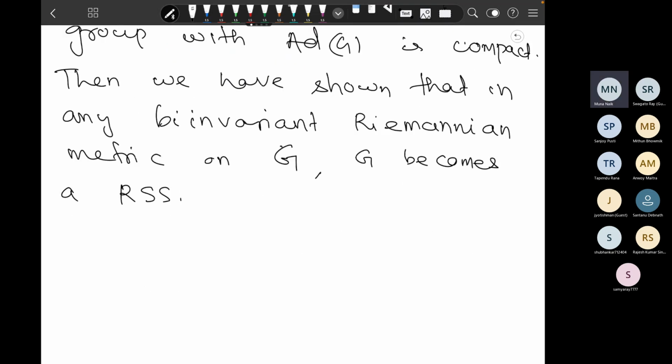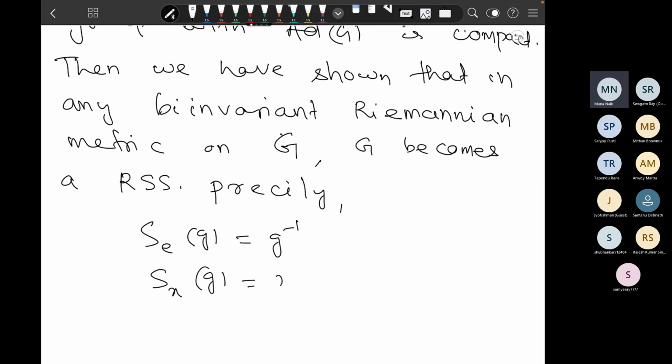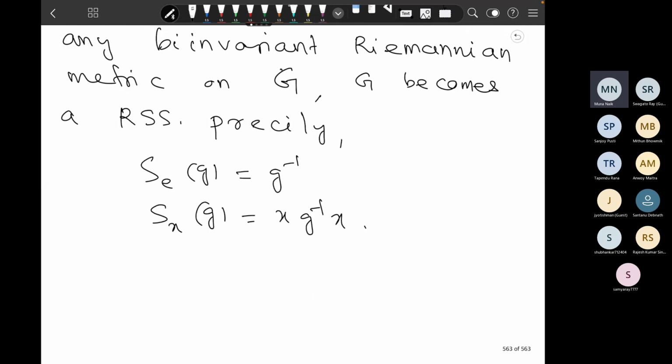And what was the geodesic inversion? Precisely, this geodesic inversion S_e at point g was g inverse, and S_x(g) is really x g inverse x. We have derived this.